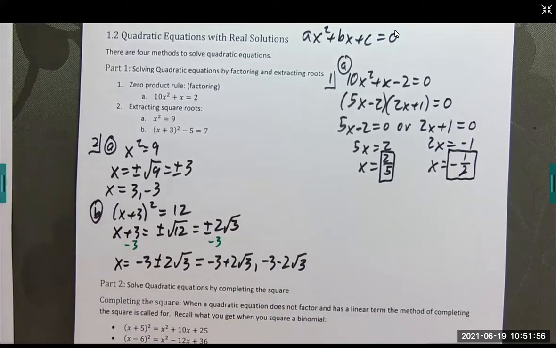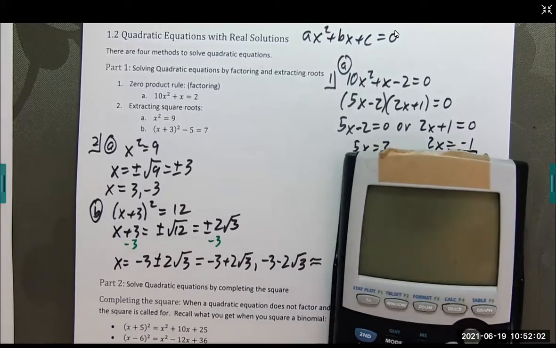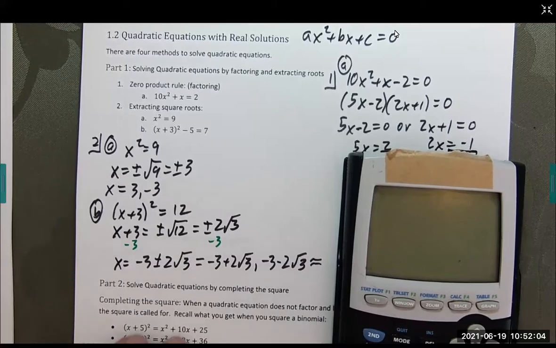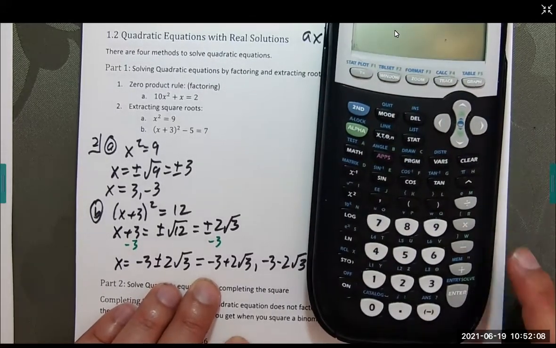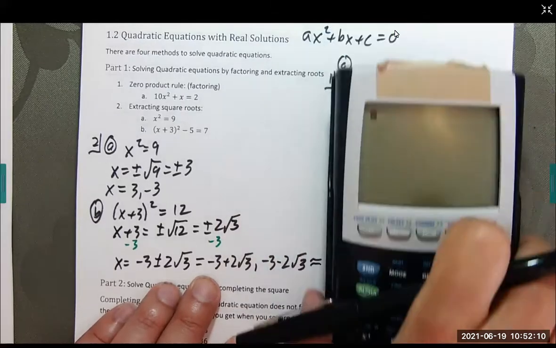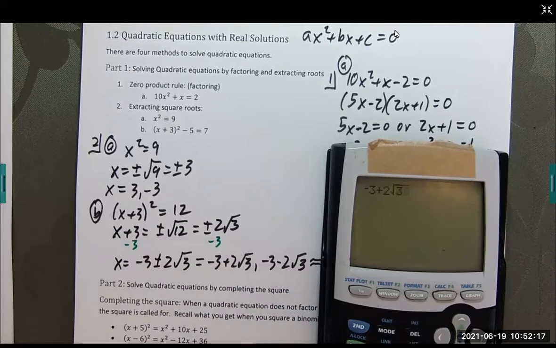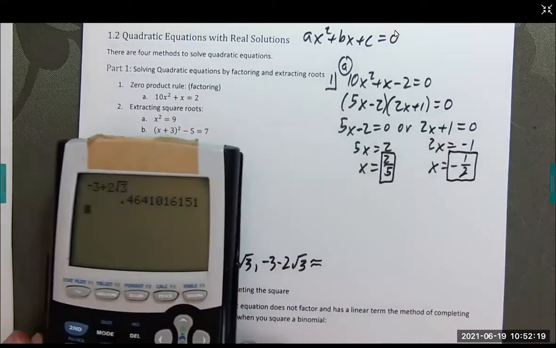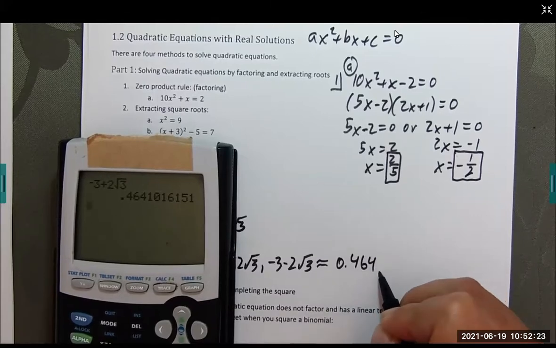and if need be, we could even get a decimal approximation. I'm not going to get a decimal approximation for every one of these that we've run into, but I'm going to show you every once in a while how we do that. So I would go, now make sure you use the negative button, not the subtract button for that negative 3. If you hit the subtract button, you'll most likely get an error. Negative 3 plus 2 square root of 3. 0.464, we'll say.